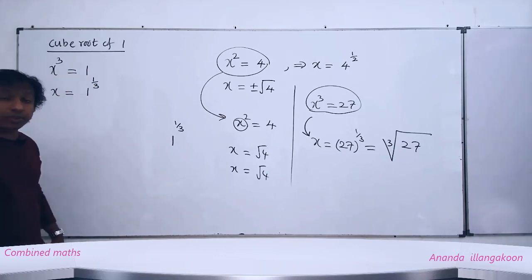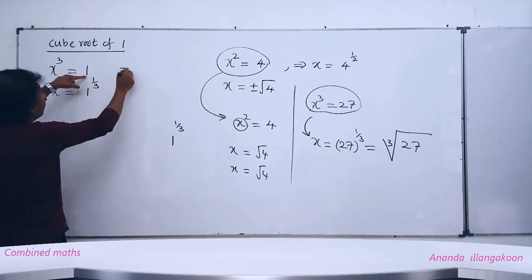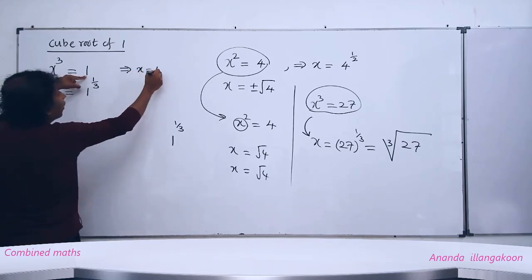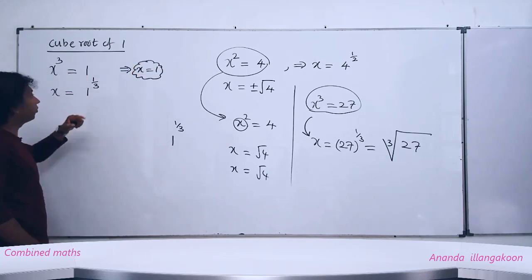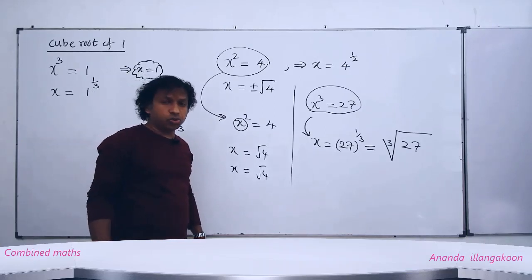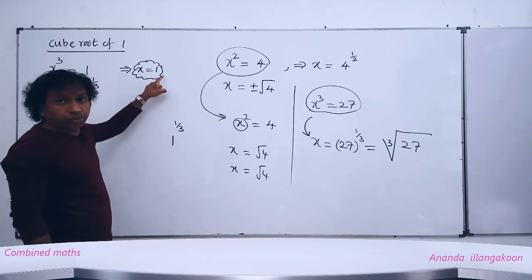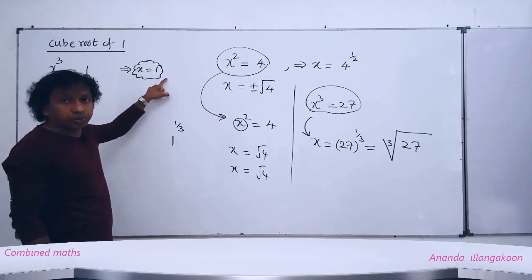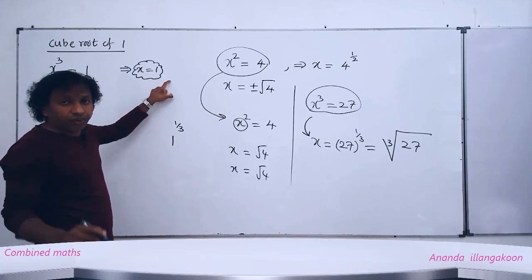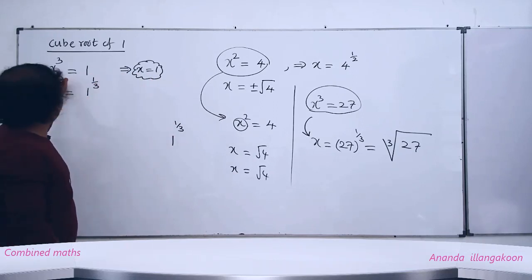You might say, people, x cube equals 1 means x equals 1. Then why do you worry about this equation more? That x cube equals 1 gives us x equals 1. True. But this x equals 1 is only one solution for x.